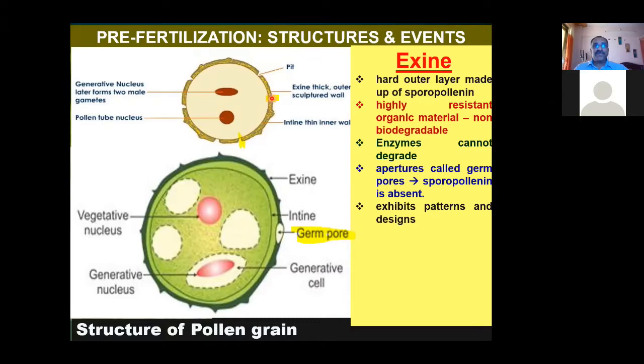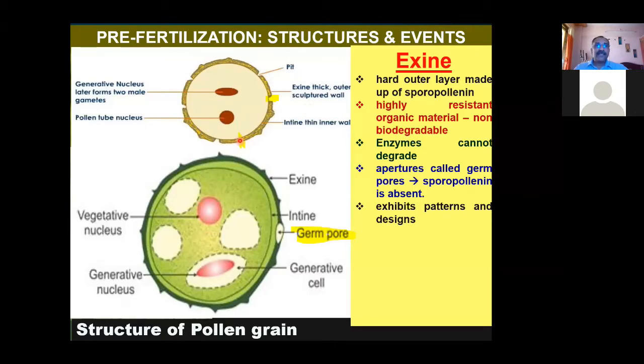The purpose of the germ pore is that when the pollen grain is germinating, that means when it is going through further changes, the inner part, the intine, which I told you is another layer inside the exine, will come out of the pollen grain as a tube through this small opening, this small pit.